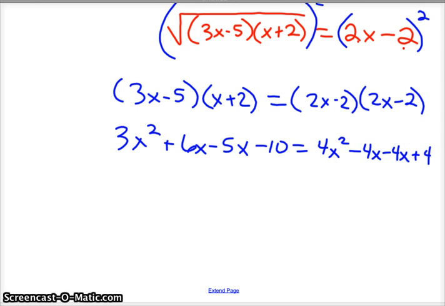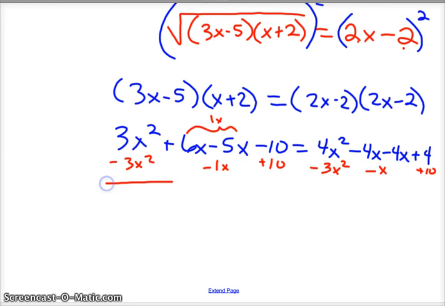Alright, I'm going to move everything to the right because I want my x squareds to be positive, and combine as I go. So minus 3x squared over here. I'm going to add 10 over here. This simplifies to 1x, so I'm going to subtract 1x. Okay, and so we're left with 4x squared.